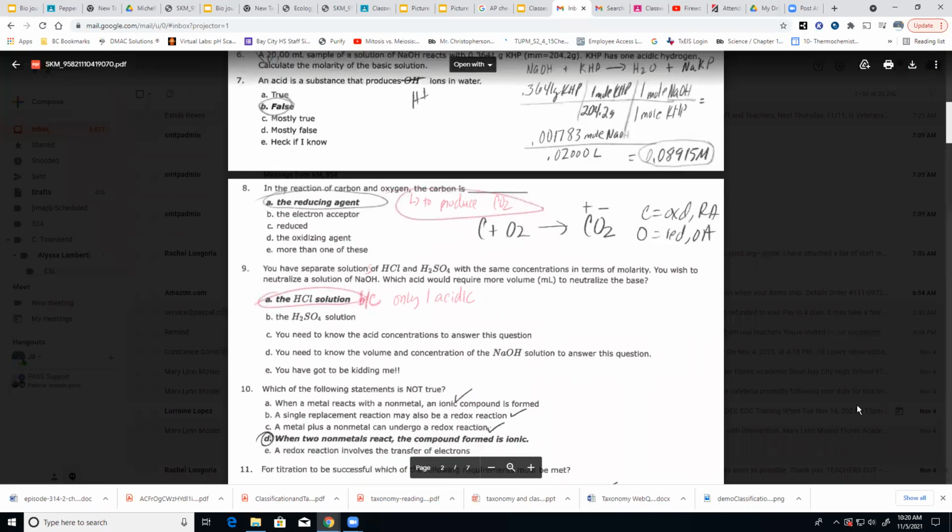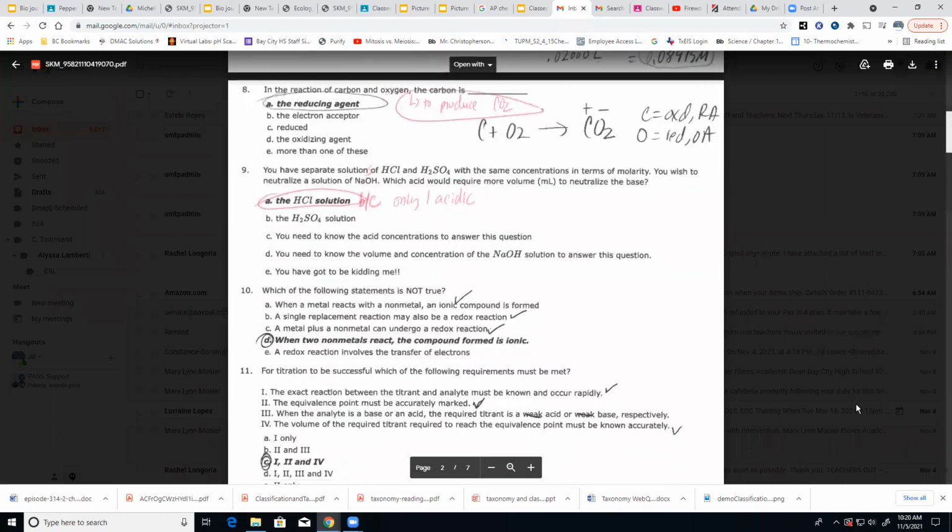Number 9, I think maybe only one person got it right. It asked you some questions. You don't know the concentration, and it's saying, can you tell which one would take more? The fact that hydrochloric acid only has one acidic hydrogen as compared to the other one having 2 means it's going to take more of your hydrochloric acid if they're at the same concentration.